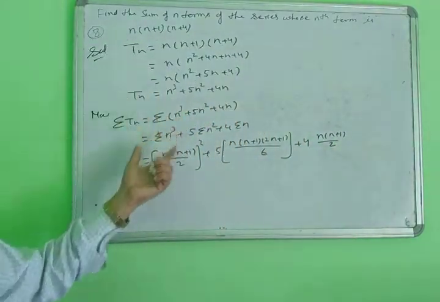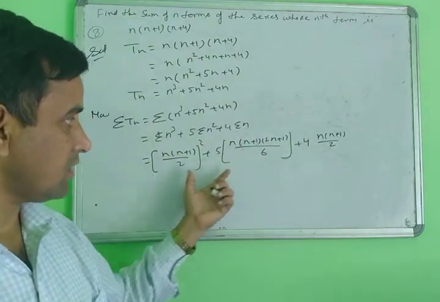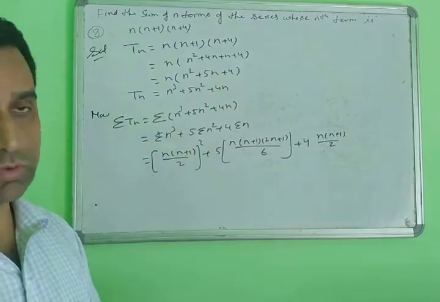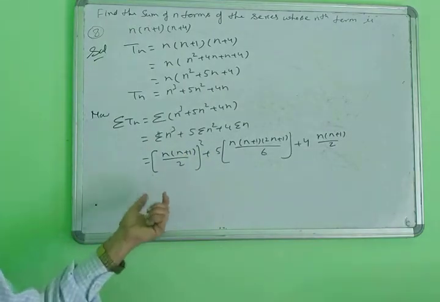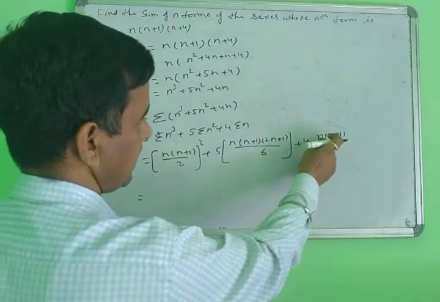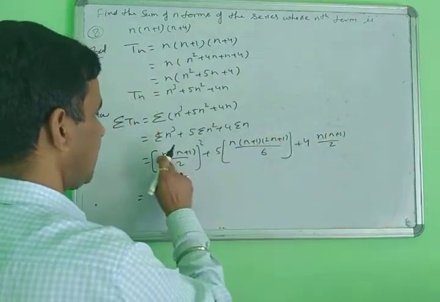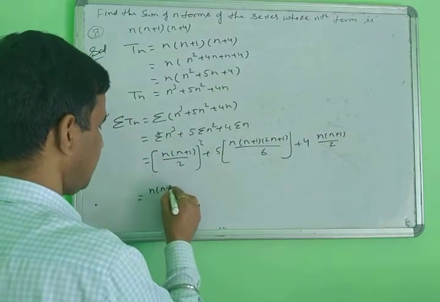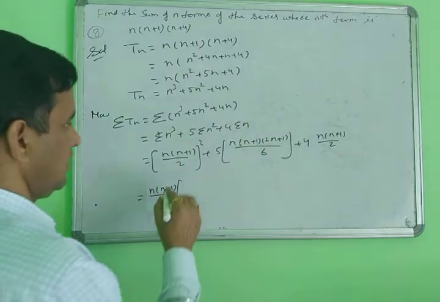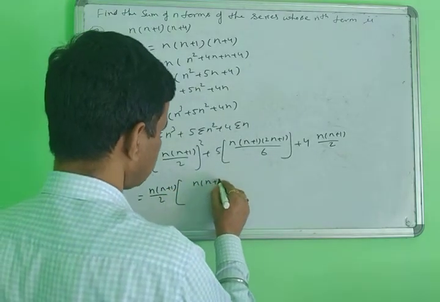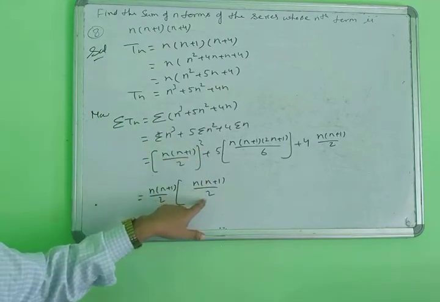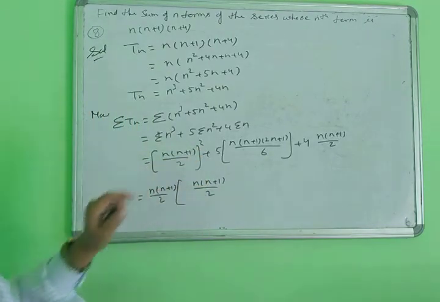So your work is completed, but now take the common factor and the LCM, and then solve and calculate to find the correct answer. So what is common here? n plus 1 upon 2 is common in every term. What is left here? n plus 1 upon 2, because in the whole square, one factor is taken outside and one is left inside.